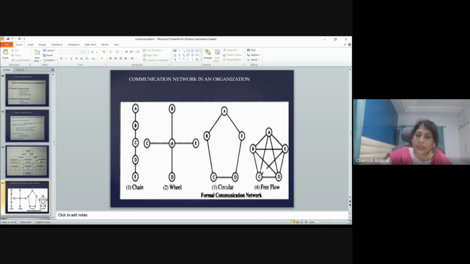The manager or the leader can communicate to all these employees, but these employees cannot communicate to other employees, they can communicate only to the leader. They are not allowed to communicate to the other employees who are available in the rim of the wheel.